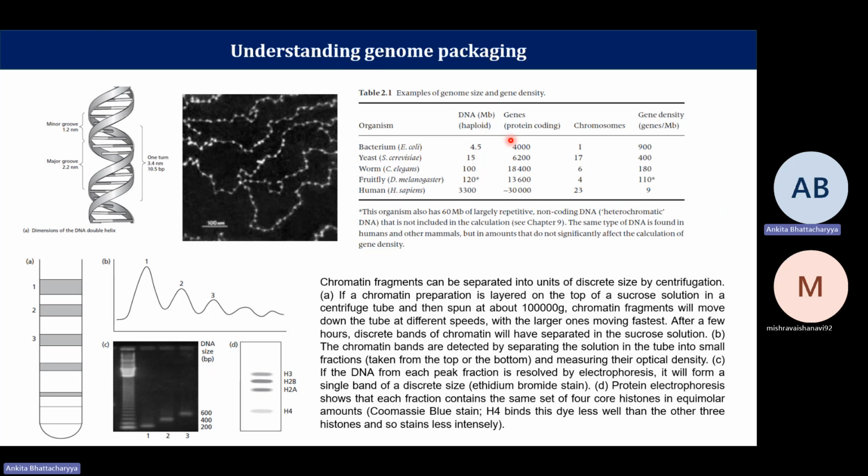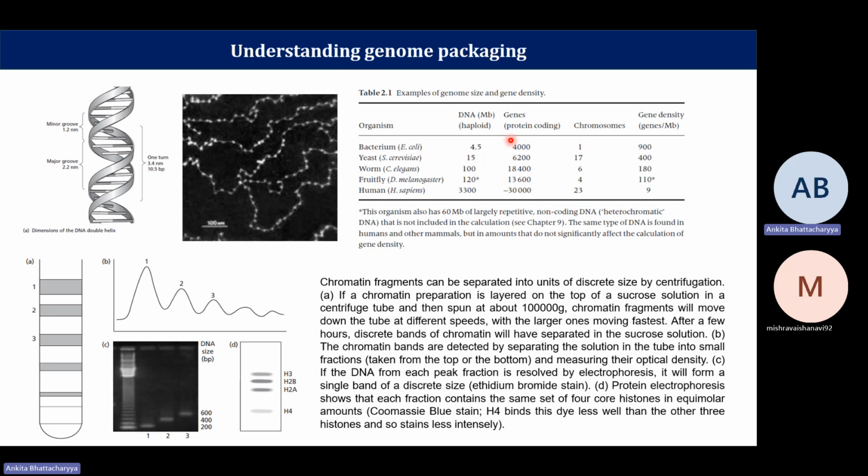And the density of genes can also be seen to be different. If you look closely, you'll see that while the number of coding genes is quite variable, the gene density is the lowest in humans, and that suggests that most of the genome is actually not protein coding.